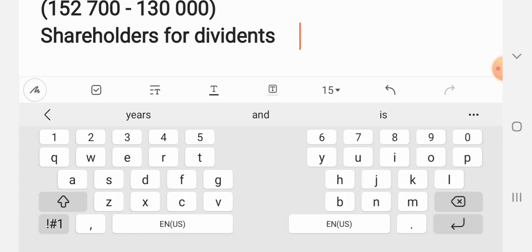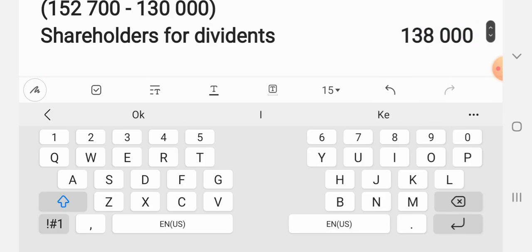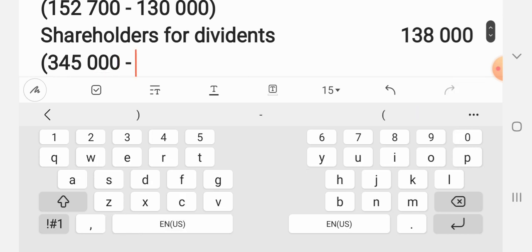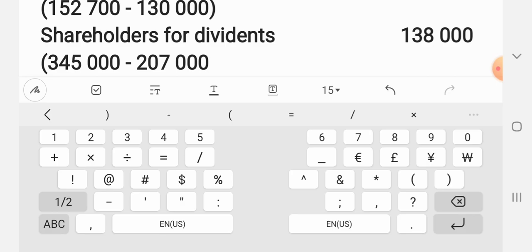Shareholders for dividends will give us 138,000, and the calculation is 345,000 subtract 207. That's where we get this.